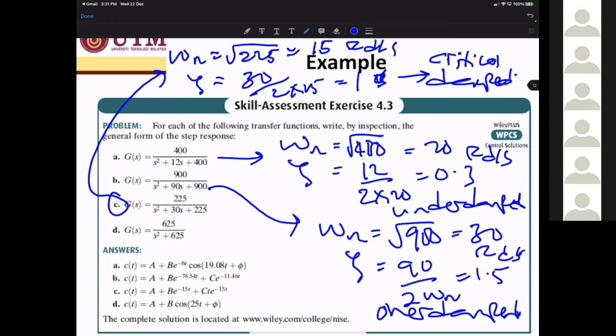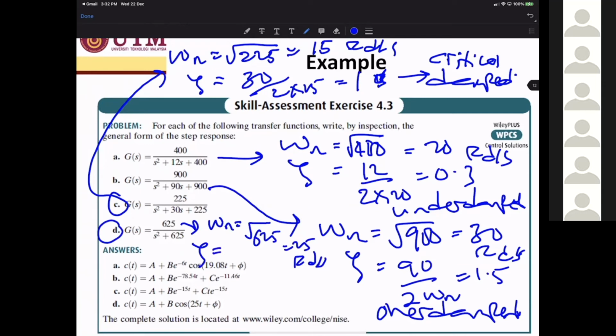Maisara? Yes, Prof. Yang ini D. Omega n is 25. Zeta? 0.